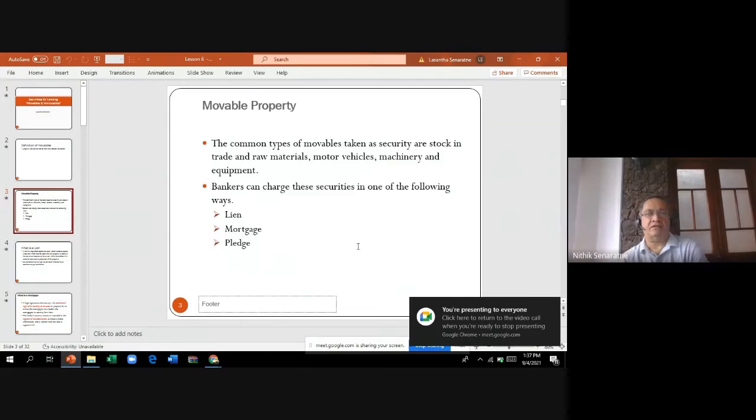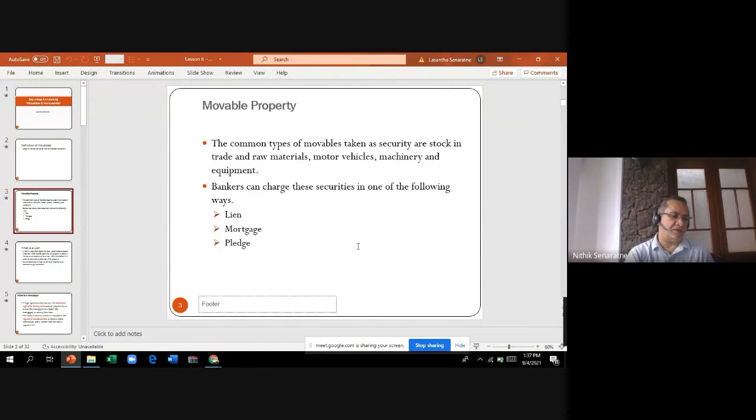Bankers can charge these. Now, when you come to mobiles, the main, heavily relied upon type of mobile is stocks, and we also take machinery and motor vehicles.